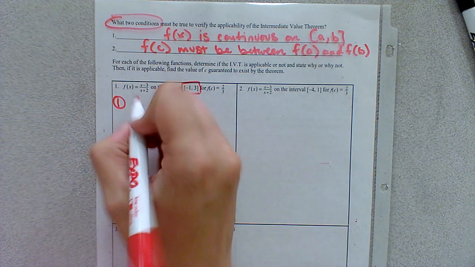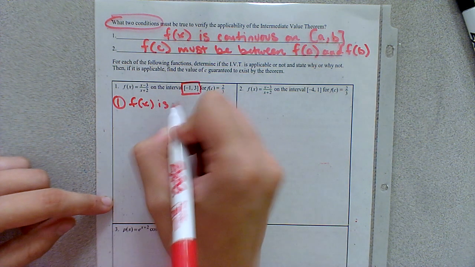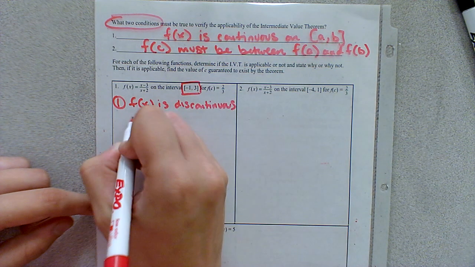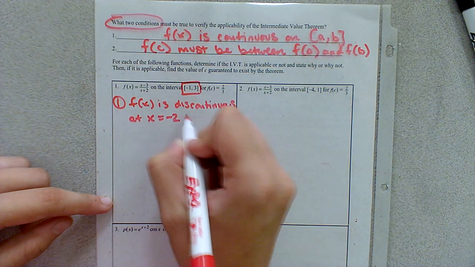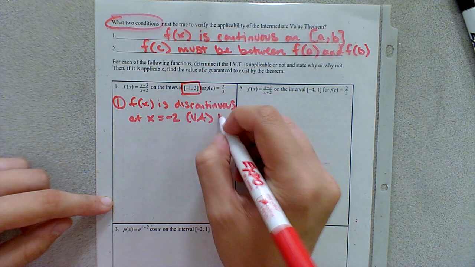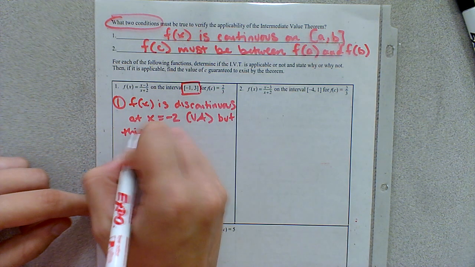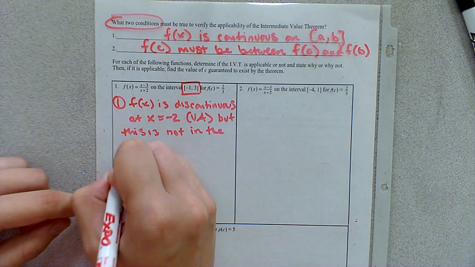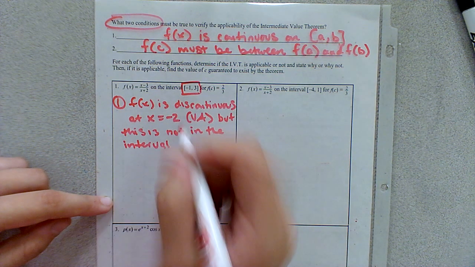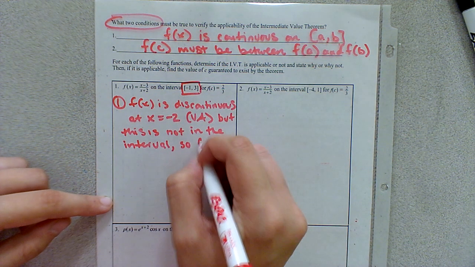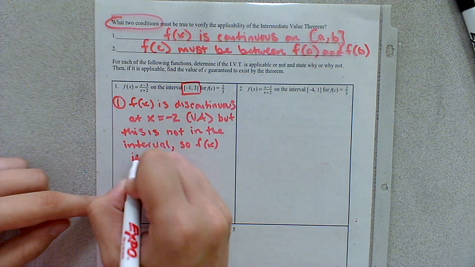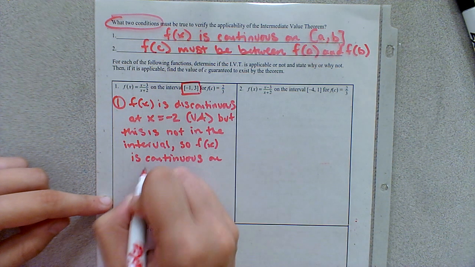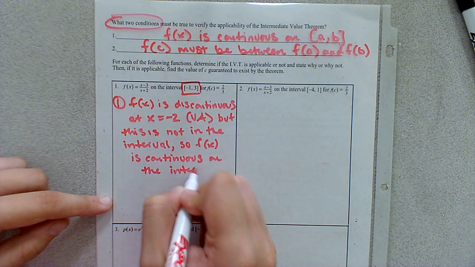So let's go ahead and try to summarize that. f of x is discontinuous at x equals -2. That results in a vertical asymptote, but this is not in the interval, so f of x is continuous on the interval.